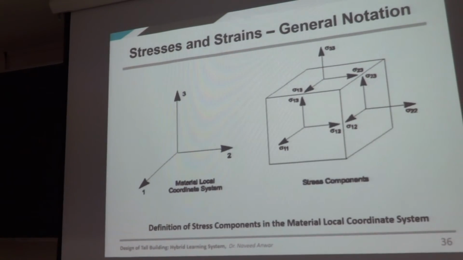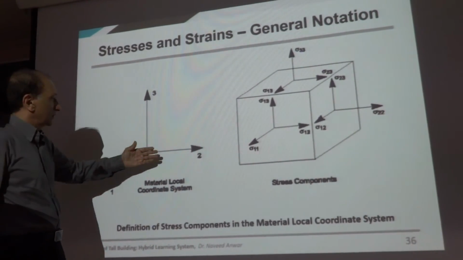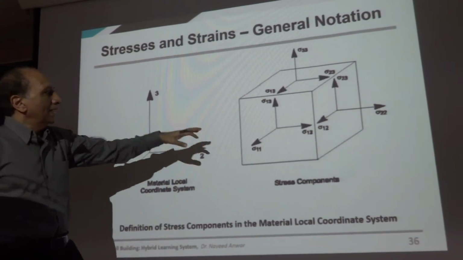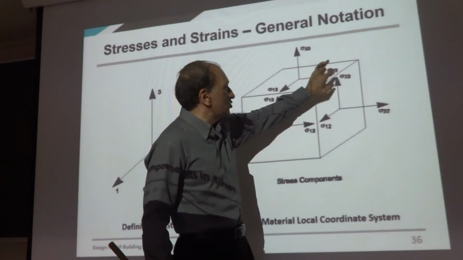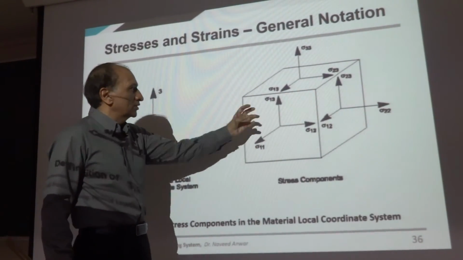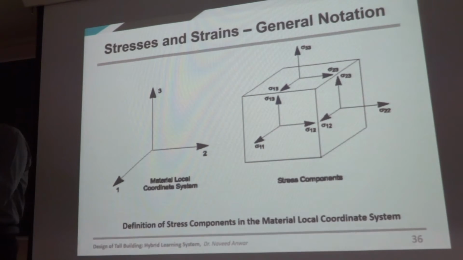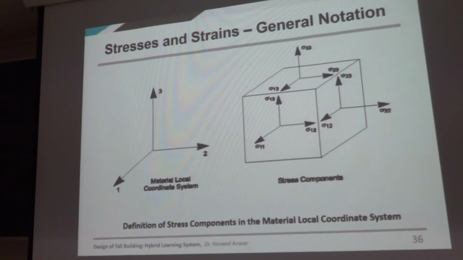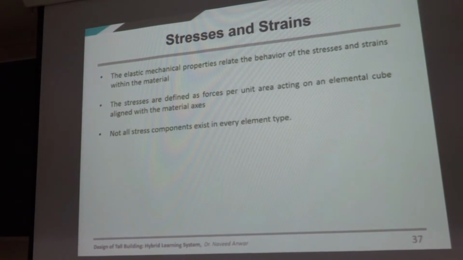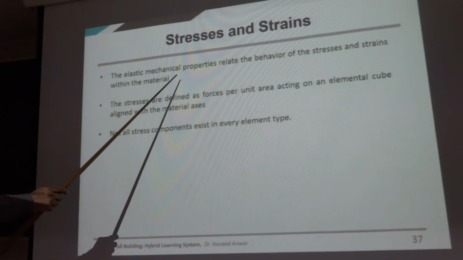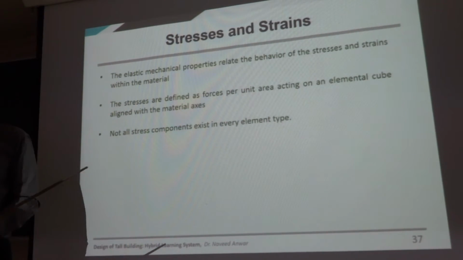This is how the coordinate systems will be. 1, 2, 3, and then local coordinates on each face for each stress component, and so on and so forth. So this block is every particle of the material is presented like that, and there are faces, there are stresses on each face. You know about all of this, I hope. So elastic mechanical properties relate the behavior of the stress and strain, we know that.